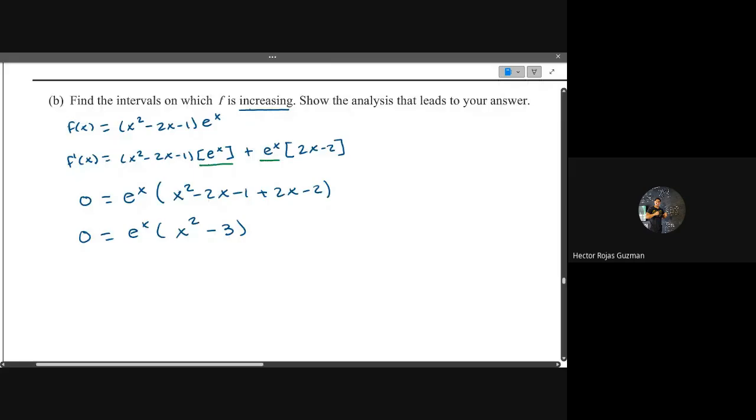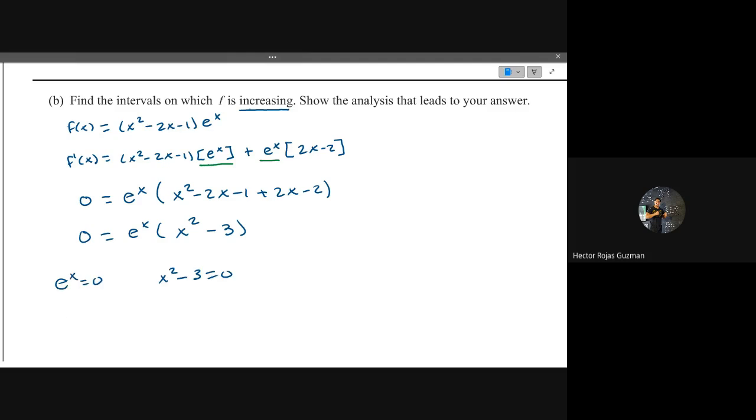And now that we have factor form, you can set each factor equal to 0 and solve for x. The first one has no solution. The reason is that if you take the natural log, ln of 0 is undefined. So we get no critical points from that. But with the second factor, we're actually going to get 2 critical points. We get plus or minus the square root of 3.